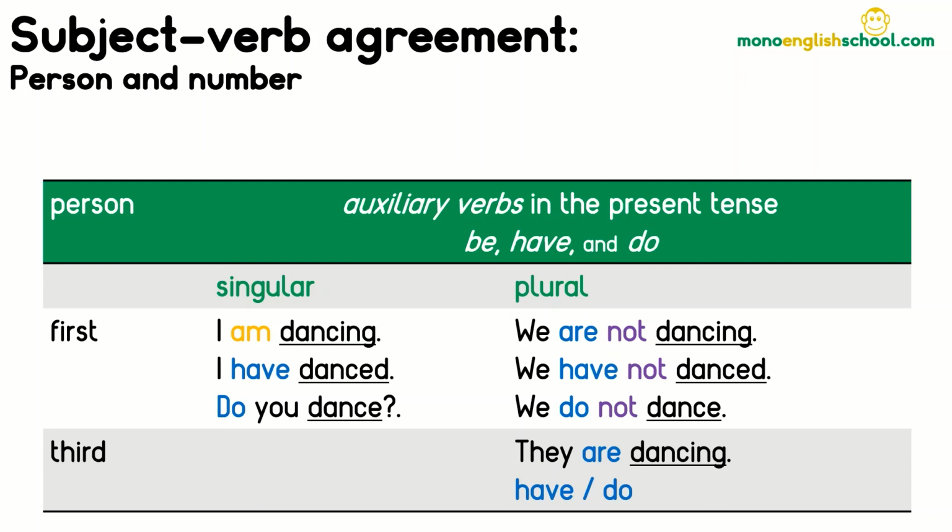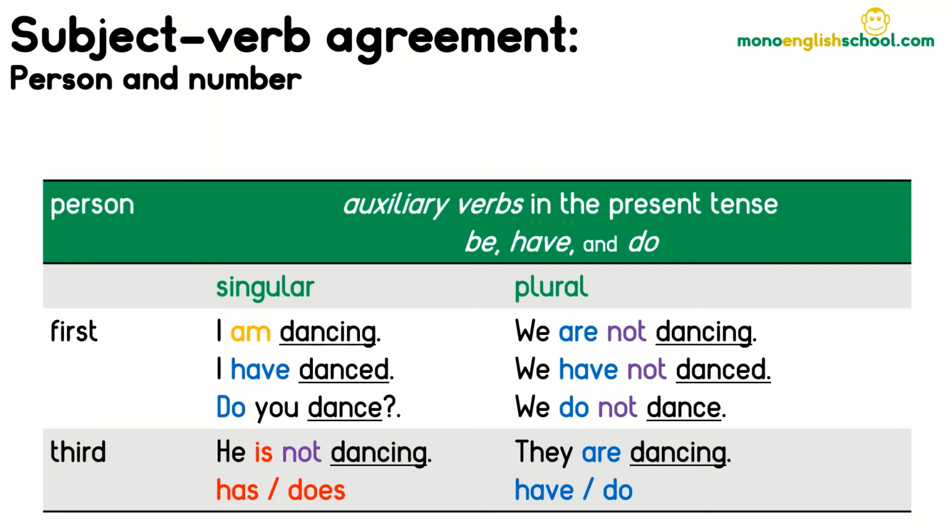We are dancing in the first person plural and they are dancing in the third person plural demonstrate this. In line with the rules discussed earlier, the other two auxiliaries, have and do, only change for the third person singular. He is not dancing is the final conjugation in the present progressive.